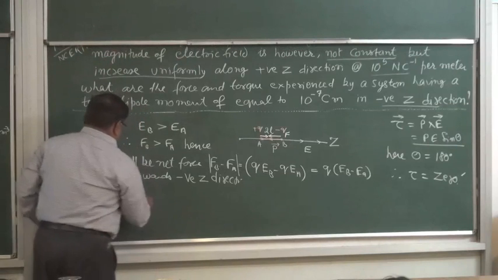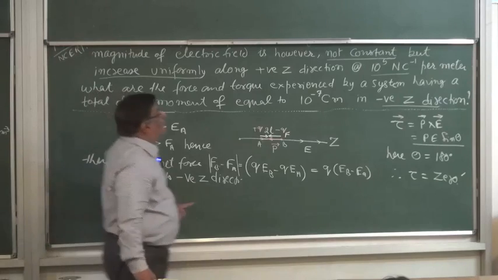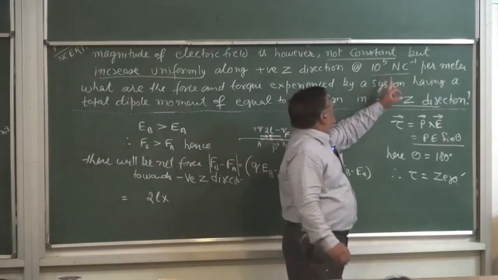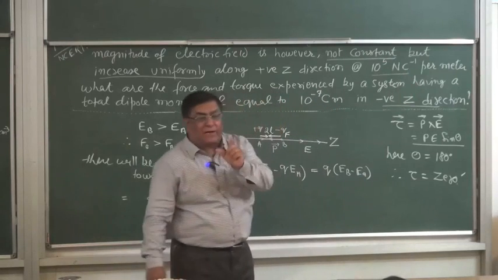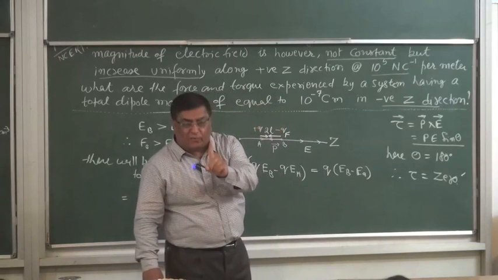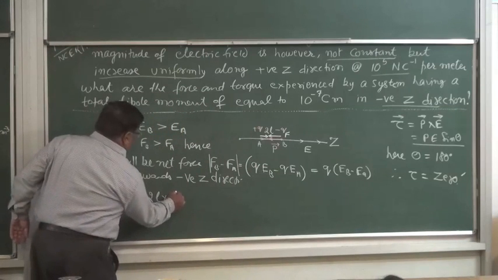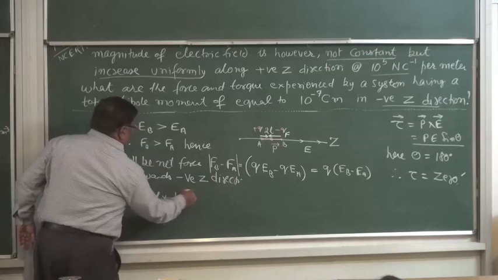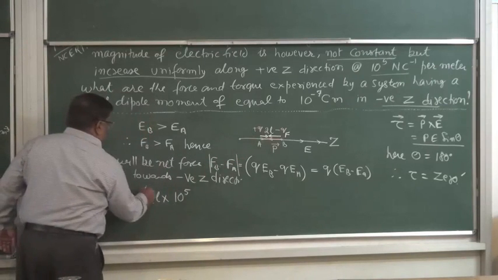EB minus EA is equal to 2L multiplied by, पर मीटर कितना डिफरेंस है? 10 to the power 5 न्यूटन पर कूलम. ये इलेक्ट्रिक फील्ड का कितना डिफरेंस है इन 1 मीटर? सो 2L मीटर में होगा 2L इंटू 10 to the power 5. ये क्या आ गया? EB minus EA, और इसके बाहर कौन है?